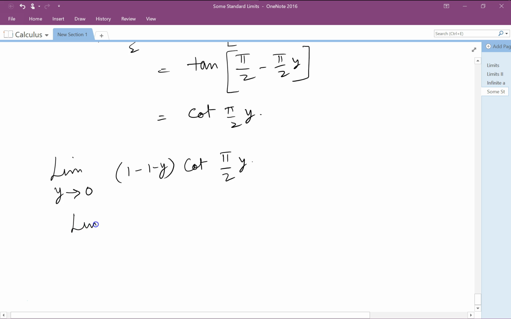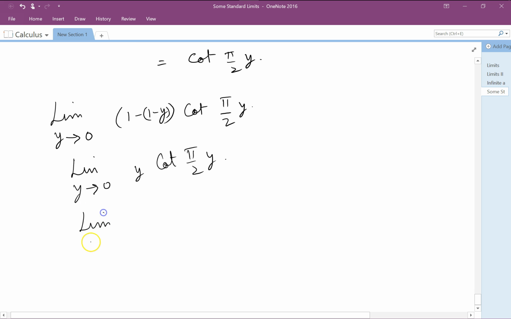Yes, so let's simplify it. Actually, this should again be inside a bracket. So this would become y cot pi by 2 y. Now this can be written as y by tan pi by 2 y.